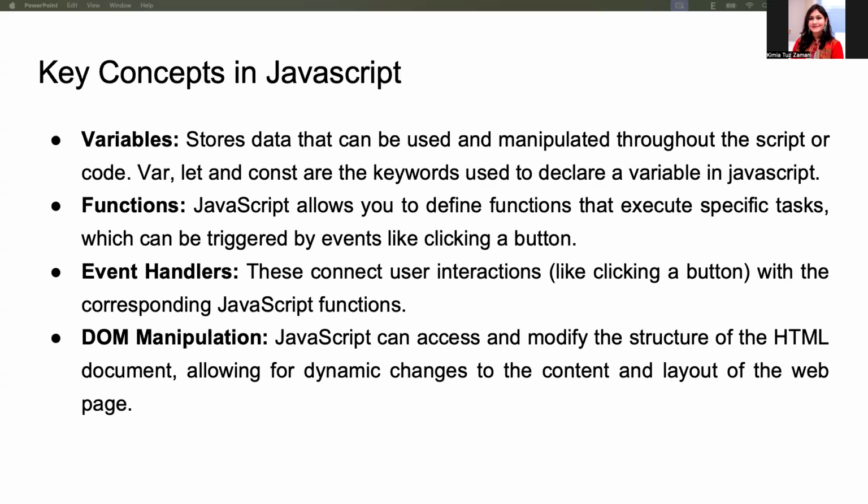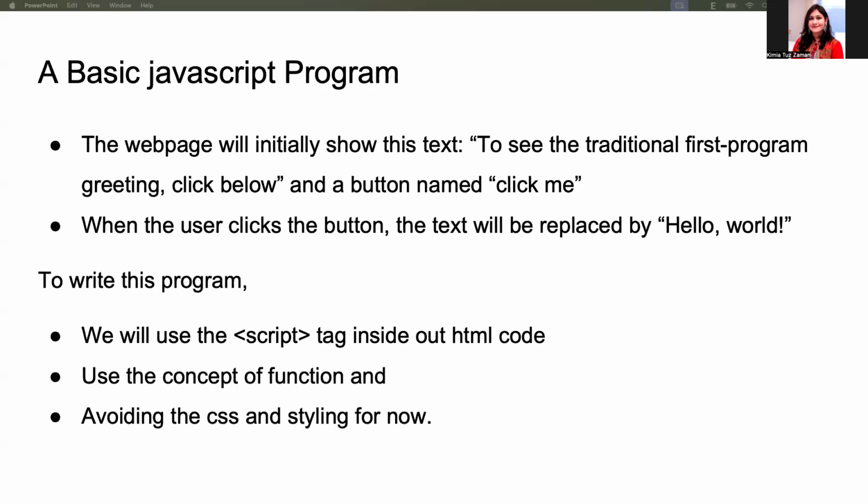Event handlers serve as the link between user action and the corresponding functions. DOM manipulation lets JavaScript access and modify the structure and content of the HTML document in real time. So it makes it possible to dynamically update layouts, texts, and elements based on user interaction or conditions.